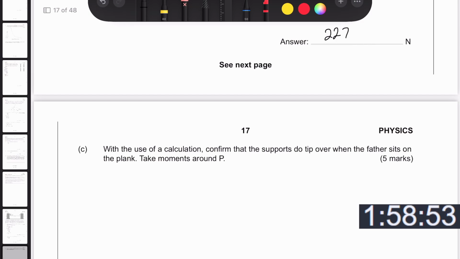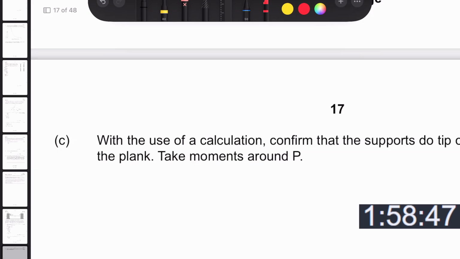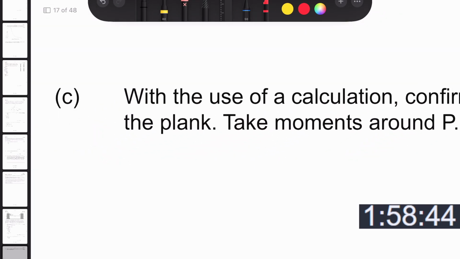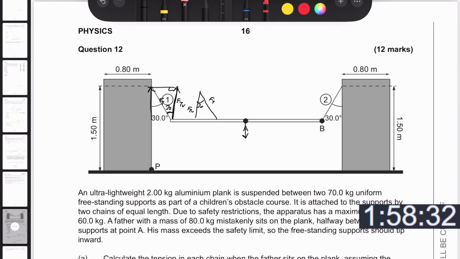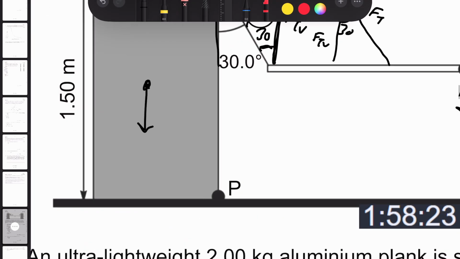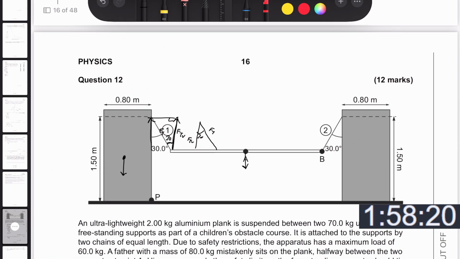With use of calculation, confirm that the supports do not tip over when the father sits on the plank. Take moments around P. So I'm going to have the tension force and this guy. So I'm going to have a mass force here, and a force of mass here as well.